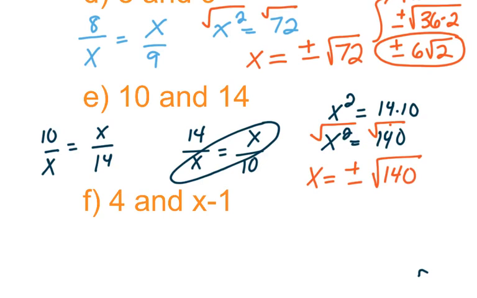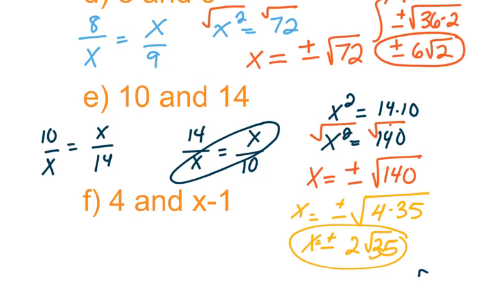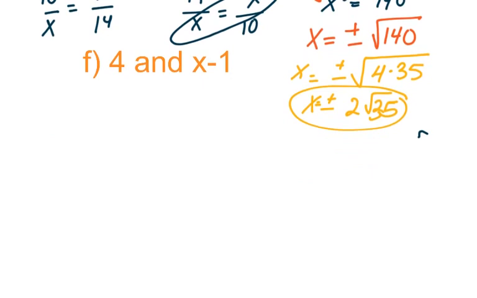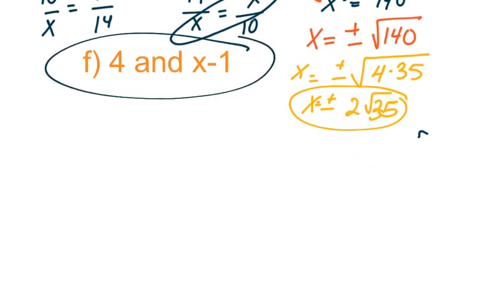Now 140, let's go ahead and reduce that. That's going to be 4 times 35, and the square root of 4 is 2, so our answer is plus minus 2 radical 35. All right, and the last one, you're going to find the geometric mean between 4 and x minus 1.